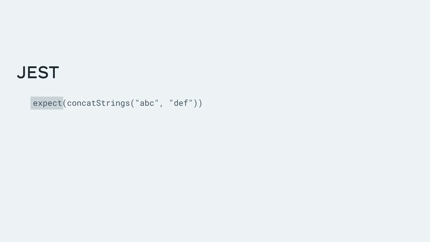I then pass the call to the concat strings function with the specific arguments. Then I add the toBe function, which is another testing function, and I pass it the value of what I'm expecting this code to produce. So, I'm essentially stating that I expect that calling concat strings with ABC and DEF will return the value ABCDEF.